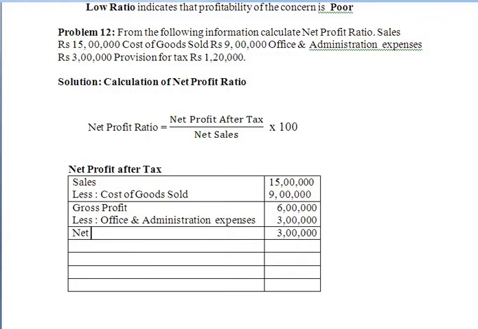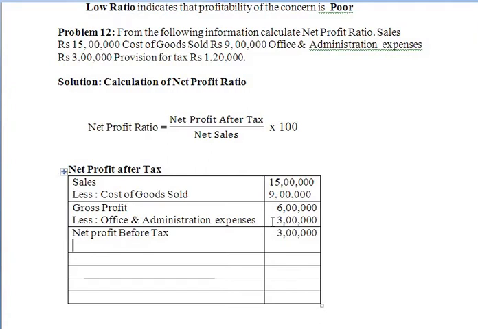Okay, so net profit before tax. Okay, net profit before tax how much? 3 lakh. Okay, next line, less tax.